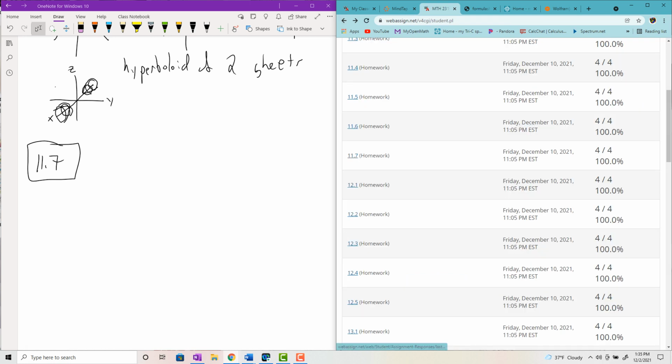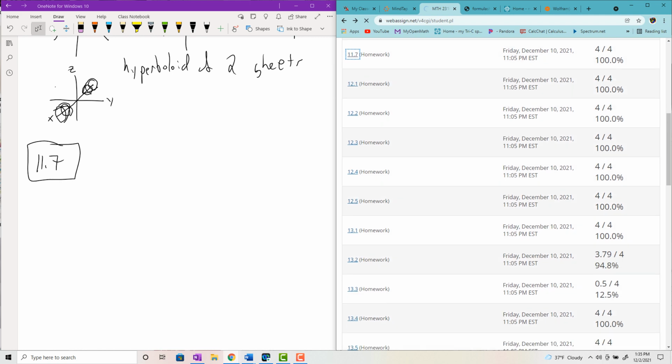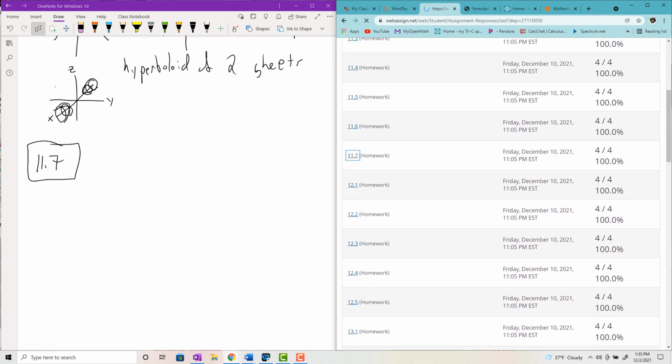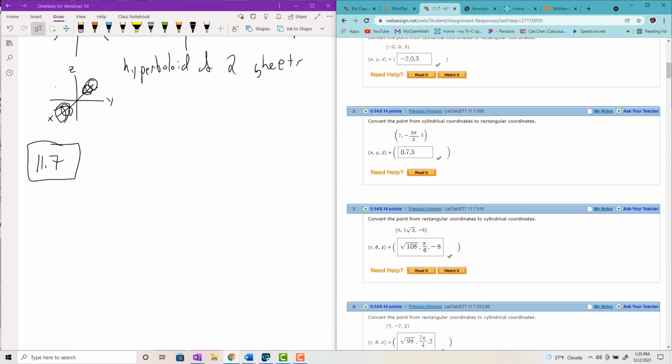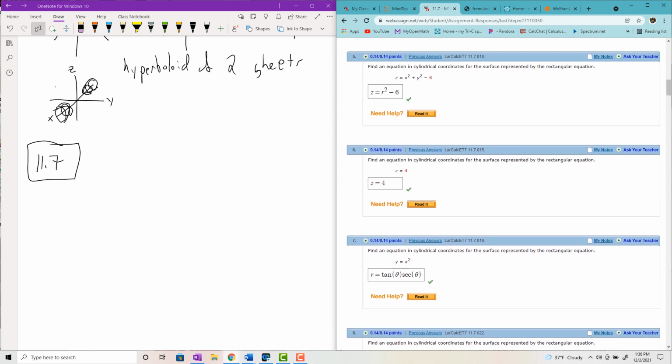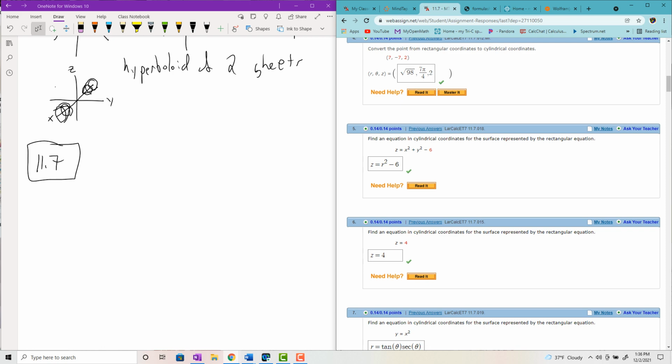So 11.7, we're converting polar to rectangular and vice versa. So you should know your polar, I mean cylindrical is basically like polar, right? So you should be able to convert back and forth for any. Okay, so where does this start?